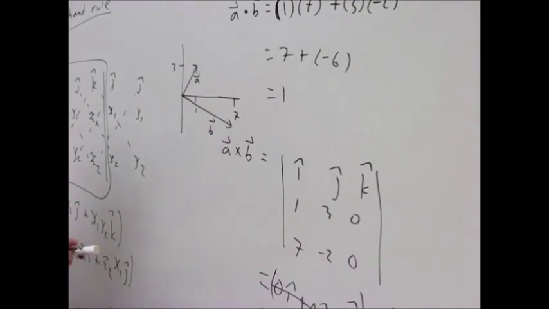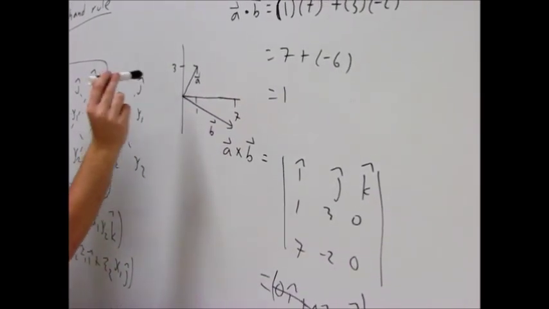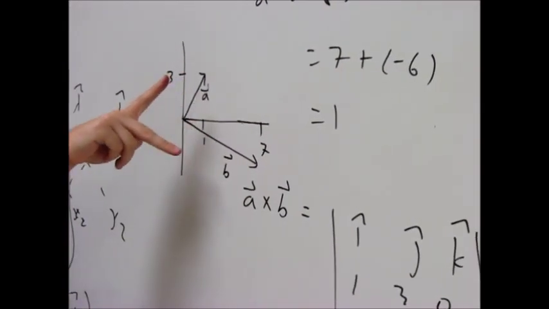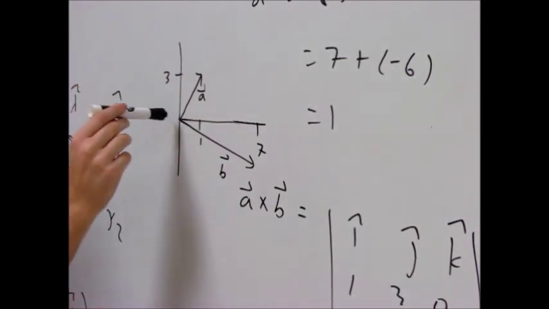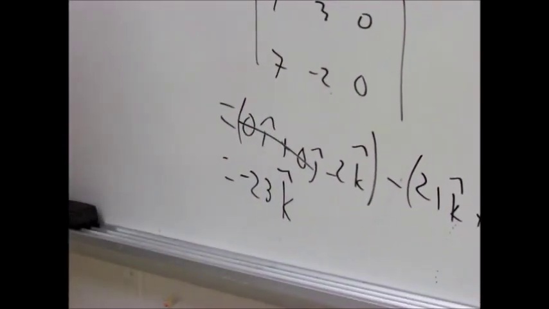And the cross product must be perpendicular to them both, so it must be going in the z direction, but A cross B by the right hand rule is going to be pointing into the board, so it's going to be pointing in the negative direction, so that's why it's negative 23k. So that makes sense.